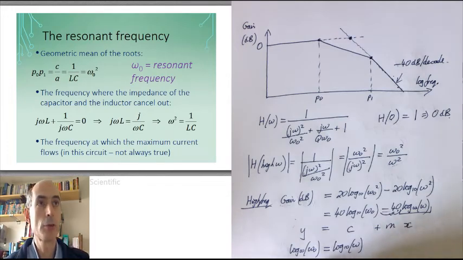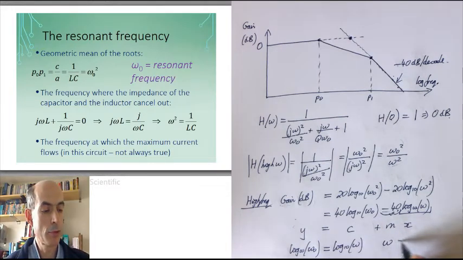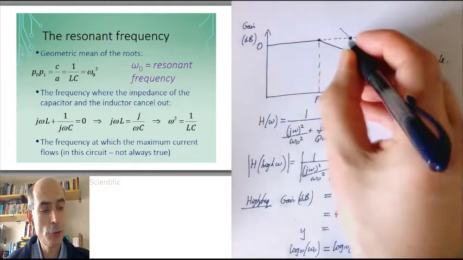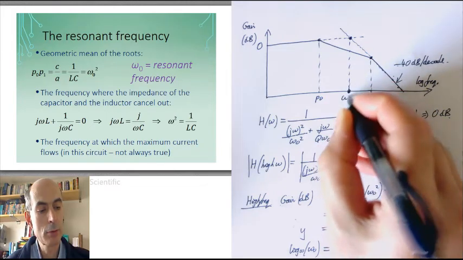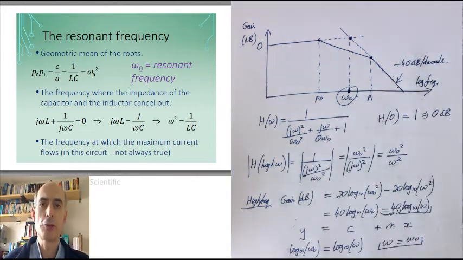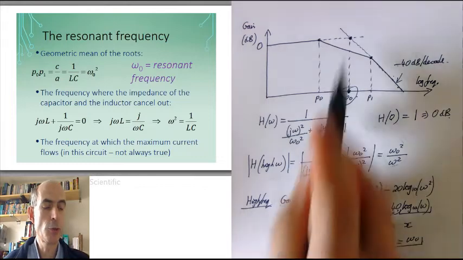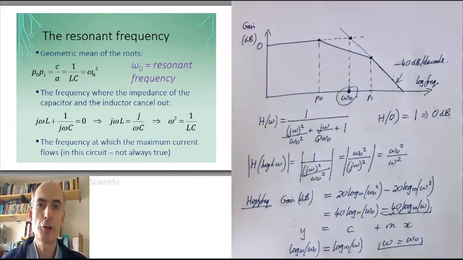In other words, omega is equal to omega naught, the resonant frequency. So those two asymptotes are going to join at the resonant frequency.